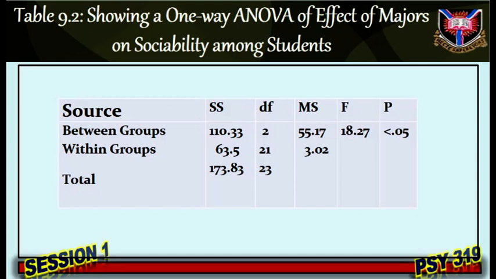Total: 173.83. DF: between groups: 2. Within groups: 21. Total: 23. MS: between groups: 55.17. Within groups: 3.02. F: between groups: 18.27. P: less than 0.05.